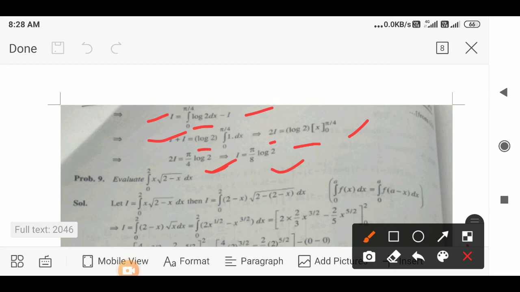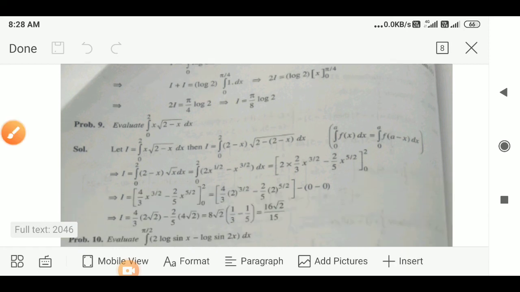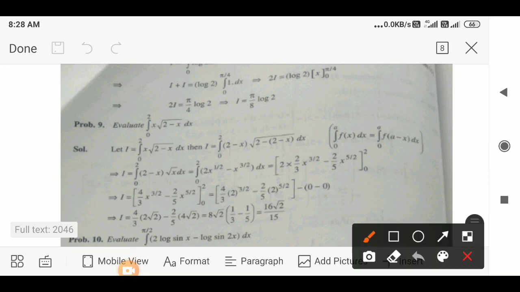This is the result. Here is another question of this type: the integral from 0 to 2 of x under root 2 minus x dx. We use this property again and again: the integral from 0 to a of f(x) dx is equal to the integral from 0 to a of f(a minus x) dx, where here a is 2, so each x will be replaced by 2 minus x, and we get this result.